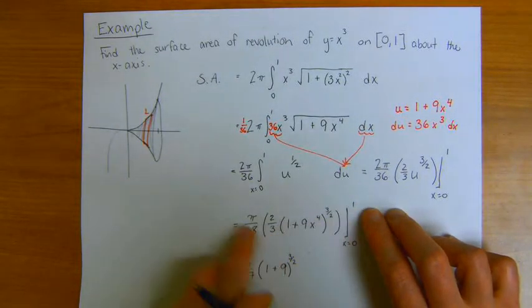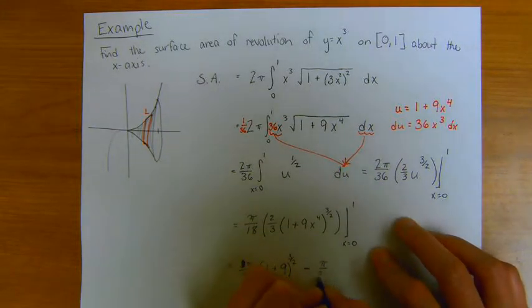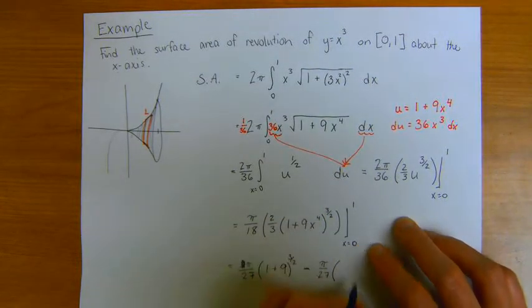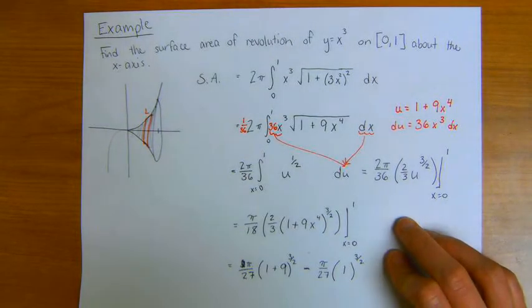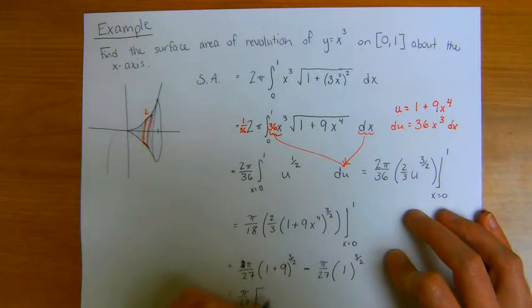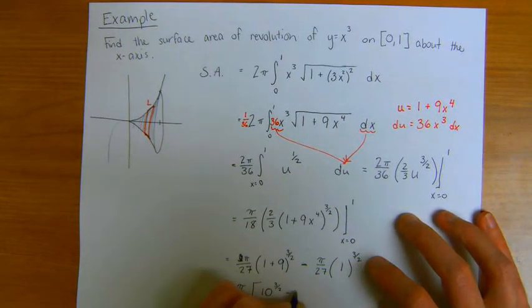So I evaluated at 1, and now I'm going to subtract out pi over 27 and evaluate it at x equals 0, so I just get 1 to the 3/2. And I can simplify this. This becomes pi over 27 times the quantity 10 to the 3/2 minus 1 to the 3/2, which is just 1.